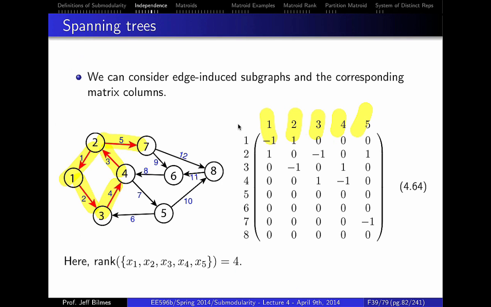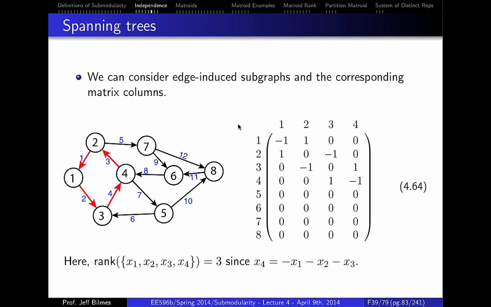So no matter what spanning tree it is, because we can't have a cycle in a tree. So therefore it's 4. And similarly, we're going to see that the rank of that particular matrix is 4. There's a linear dependence in here. And the reason why, if you can see it, is x4 is equal to minus x1, minus x2, minus x3. That's the linear dependence.